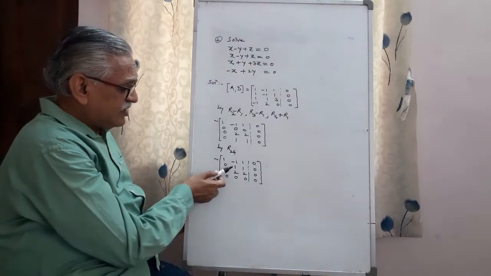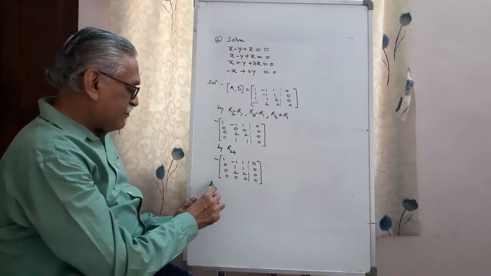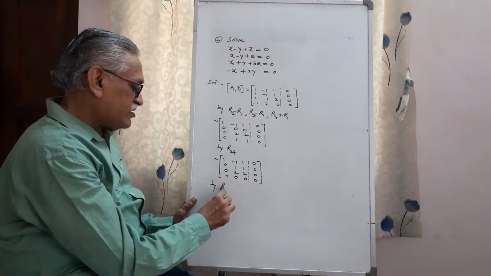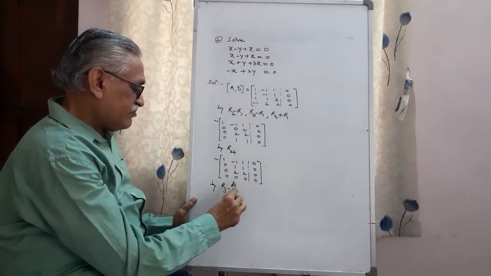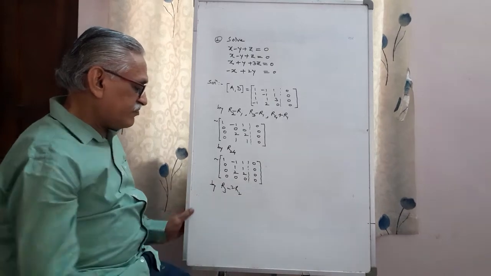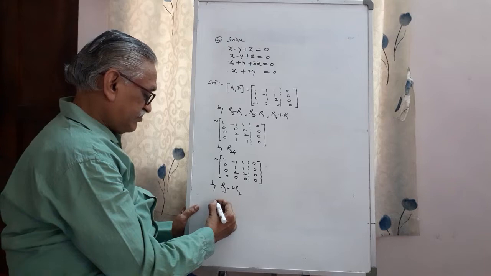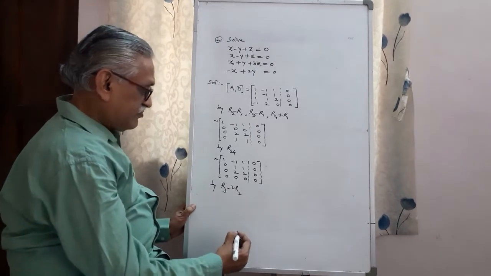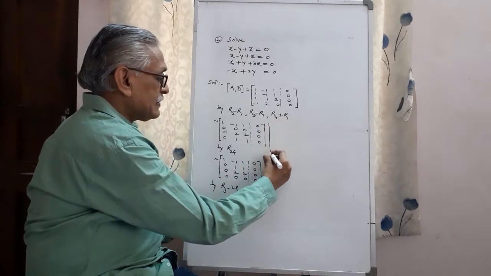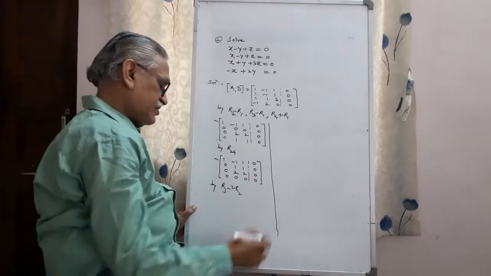Therefore, after getting 1 here, use this to make the element below it 0 by applying a transformation. 2 minus 2, 0 means it is R3 minus 2 times R2. I will perform that here.